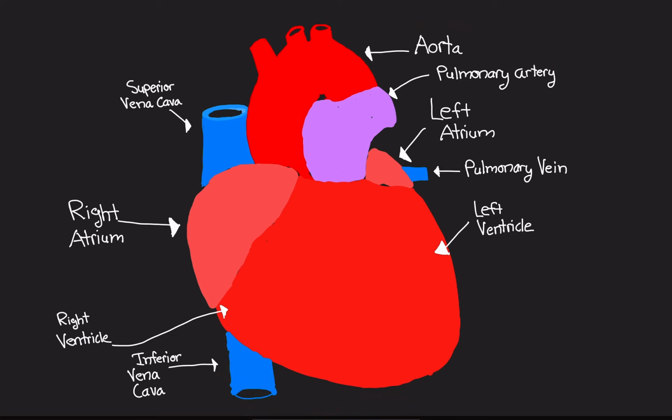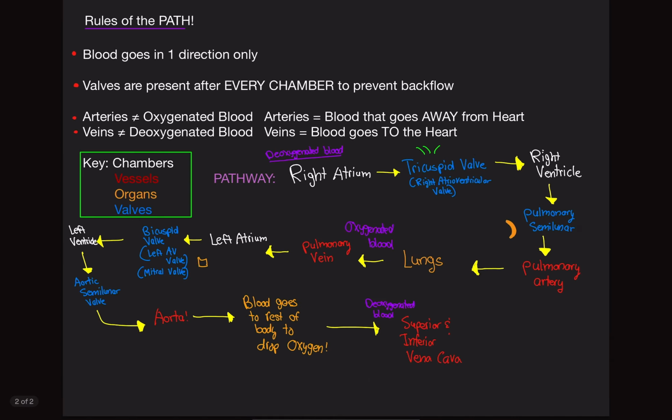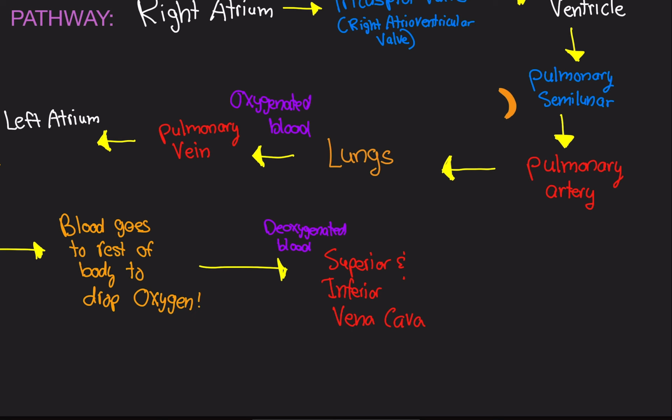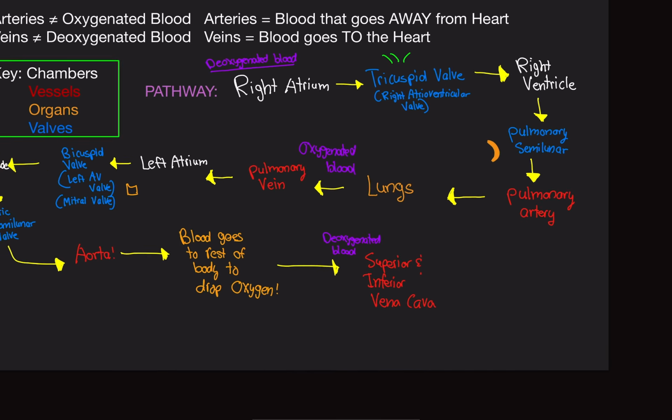So we're trying to get this blood back to the heart. So you go back to the lungs, pick up more oxygen, dump it back into the body, onto the different organs and re-pick it up. That's what we're doing. So then we start the cycle all over again.